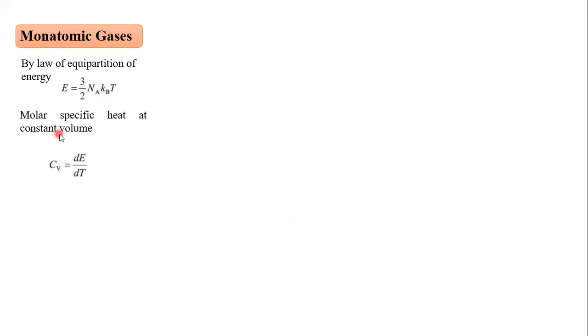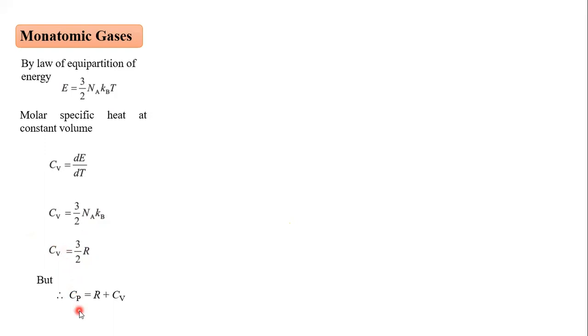The molar specific heat at constant volume is given by dE by dT. We take the derivative, then we get 3 by 2 Na kB. We have taken the derivative with respect to T, so this T gets cancelled. Now Na into kB is R, as I told you. So this is the specific heat at constant volume.